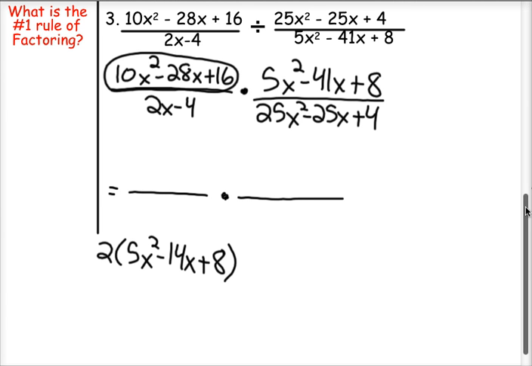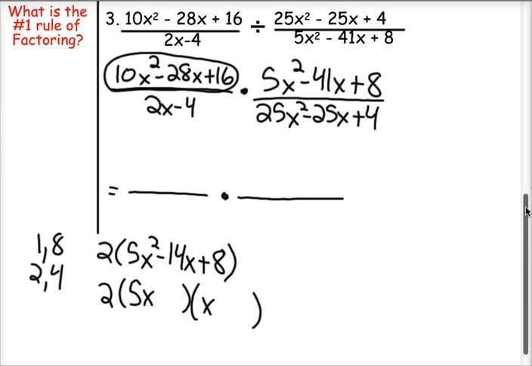I can set up my 2 parentheses. Quadratic trinomial means I can factor. So how am I getting the 5x squared? Well, you can see I already wrote 5x and x. Looking at that 8, how can I get 8? Well, 1 and 8, 2 and 4.